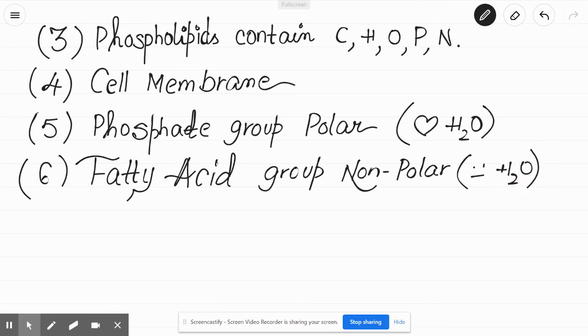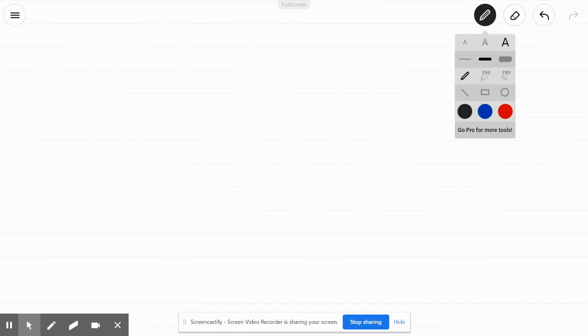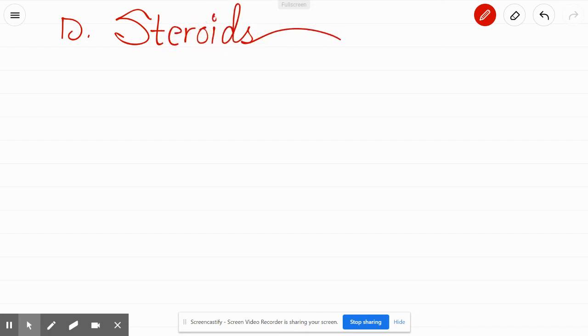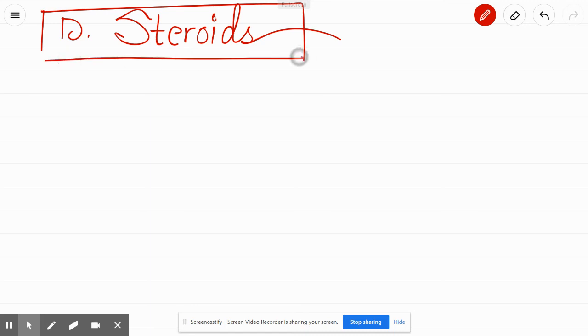All right, let us move on to the next classification that we had on our list, which was steroids. The very first feature of steroids is that they have a fused ring structure in their structural formula.